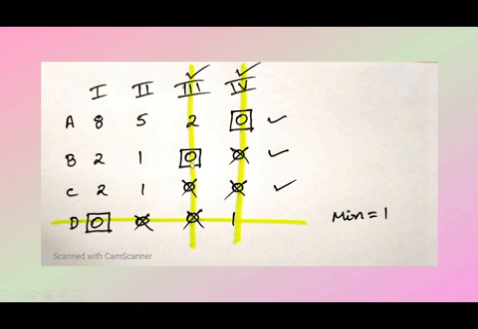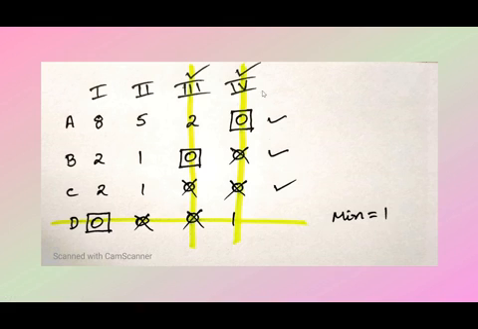In the ticked column, wherever I have an assignment, tick that row. In this column, I have an assignment here, tick this row. In this column, I have an assignment in this row, tick it. Fine. So in the ticked rows, I don't have any other crossed zeros. So ticking stops.